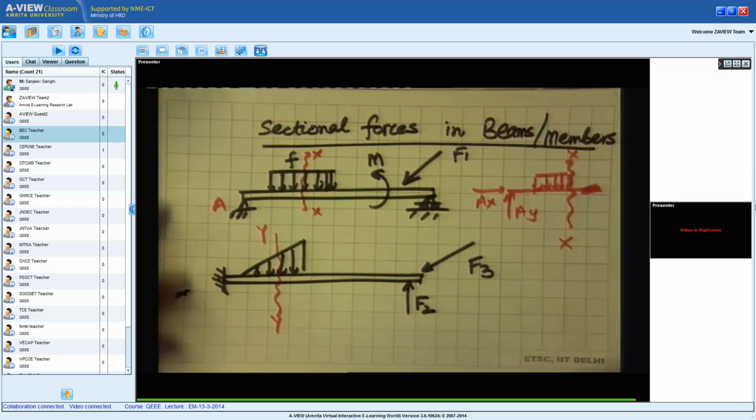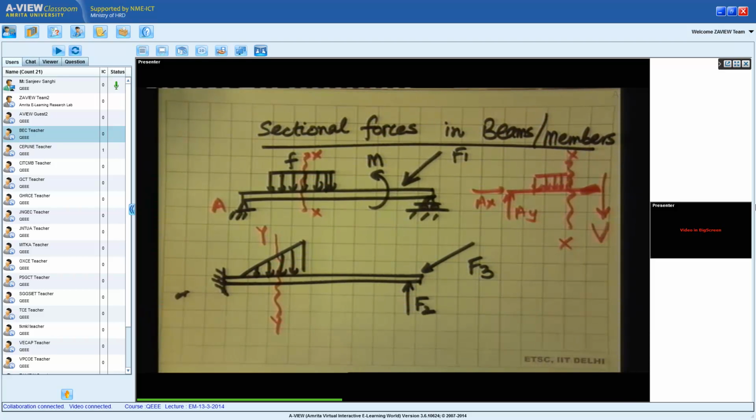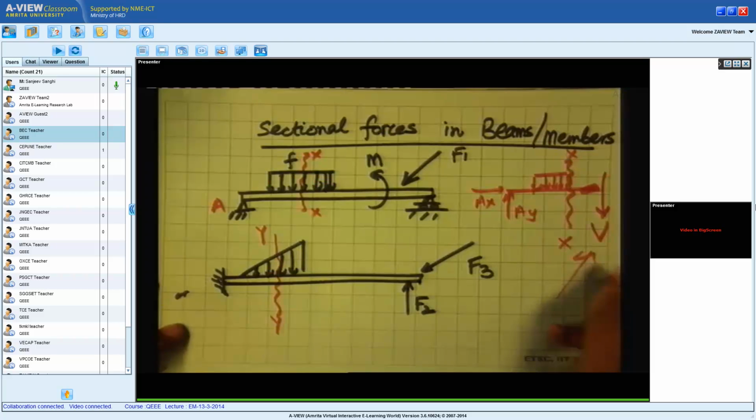What are the forces? And what we showed was that a force which is transverse to the beam, in the direction perpendicular to the axis of the beam, this force is what we term as the shear force.